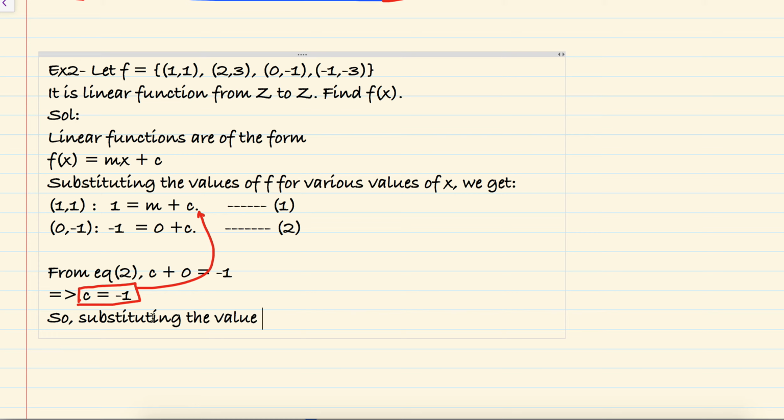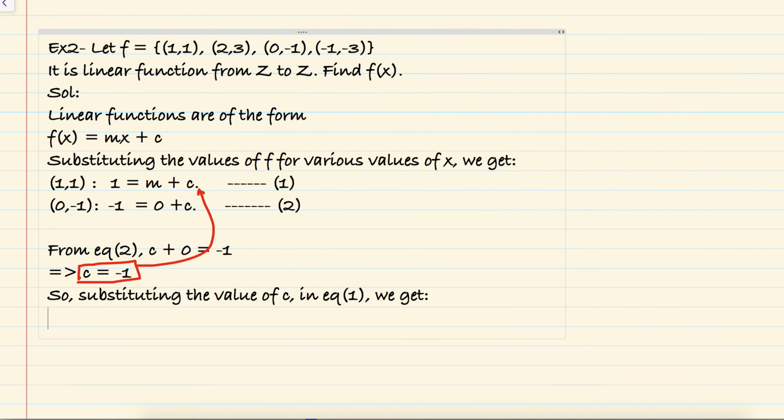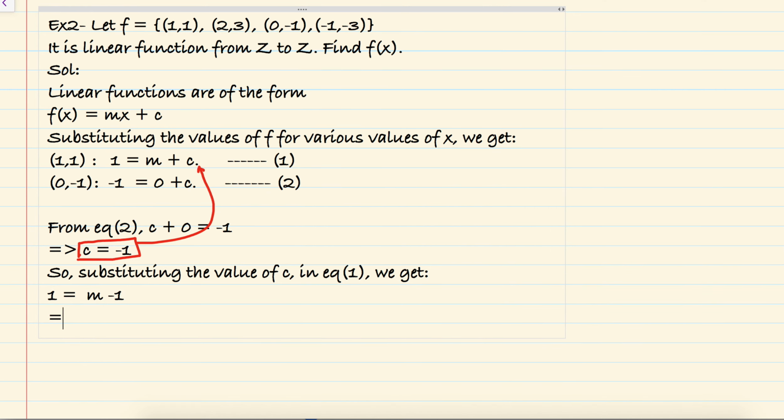Substituting the value of c in equation 1, what do we get? 1 is equal to m, and in the place of c, minus 1, or m minus 1 is equal to 1.